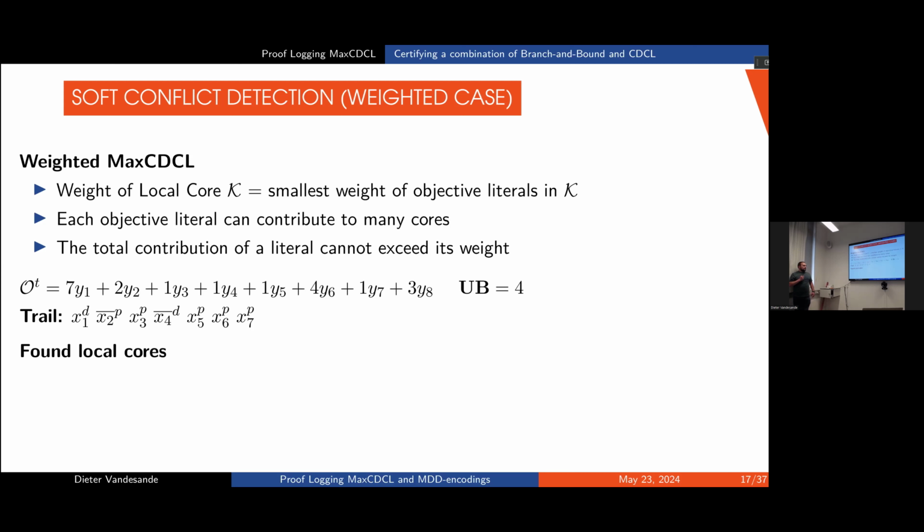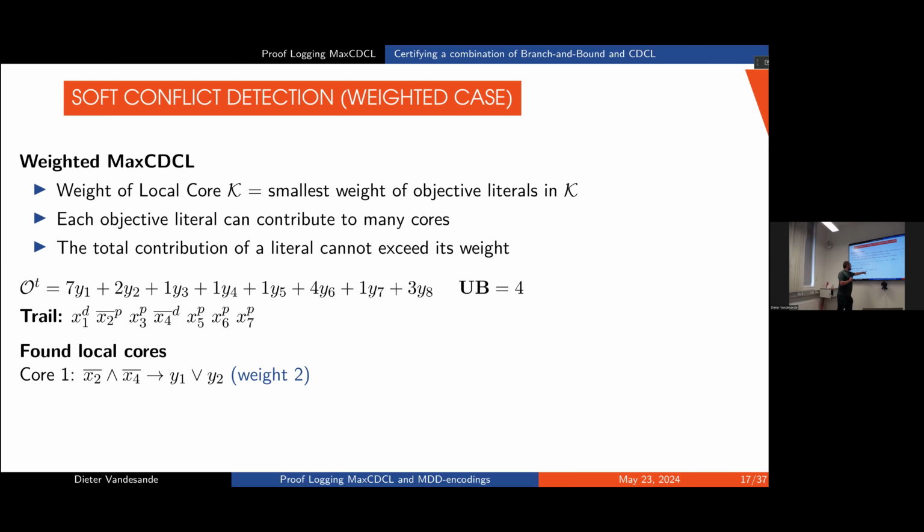So let's take a look at an example now, how that works. We again have a temporary objective that's initialized with the actual objective that we are looking at. We have our current partial assignment, and we have an upper bound of 4. So first, using the same idea of how to extract cores, we will find a local core: y1 or y2 needs to be true given the current partial assignment.